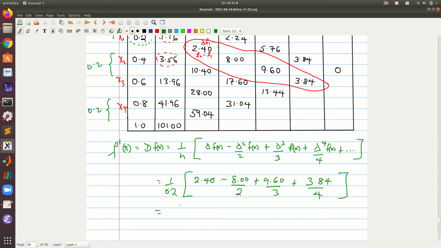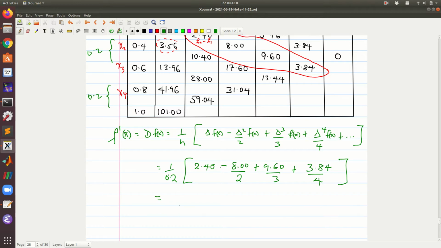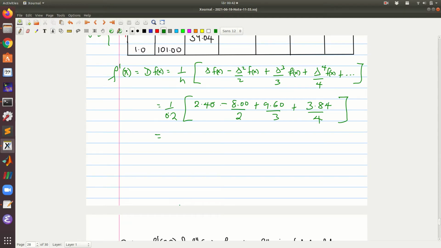So the answer you get here should be the derivative of f at the point x equals 0.2, and then you get the answer.